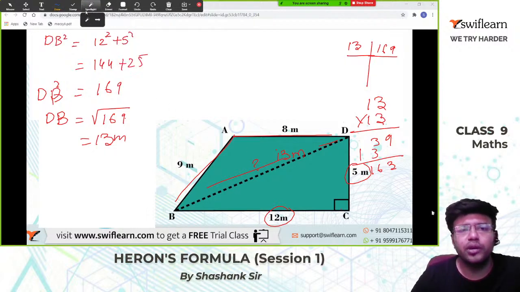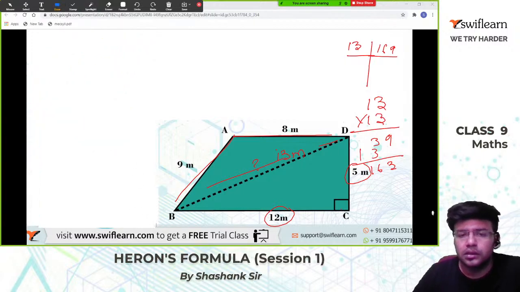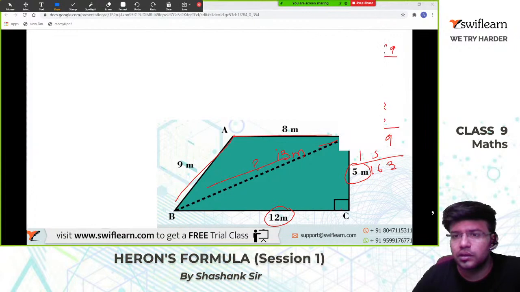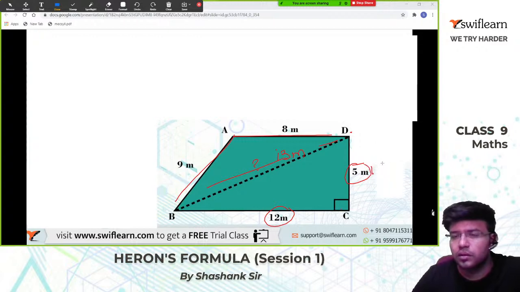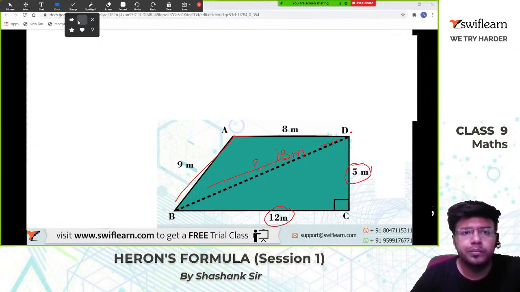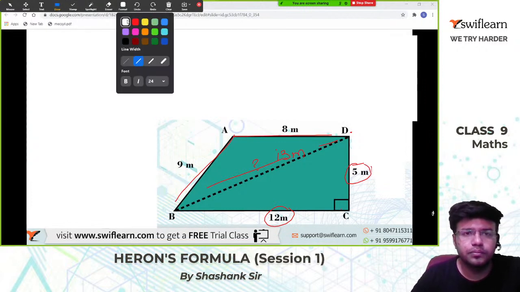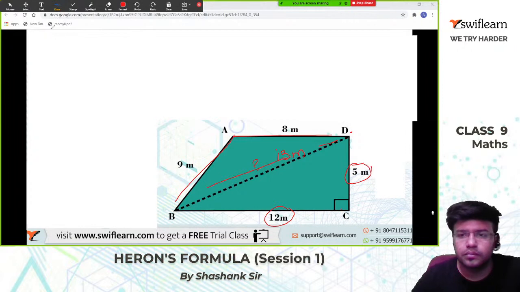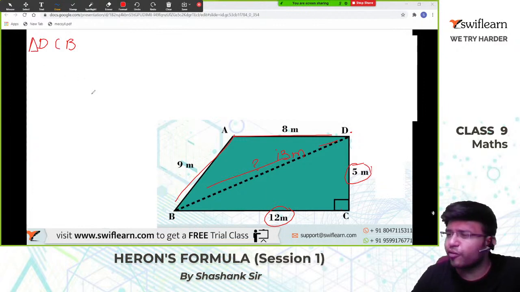Okay, what we need to do is find the area of both the triangles. Considering triangle DCB, what is the area of triangle DCB?